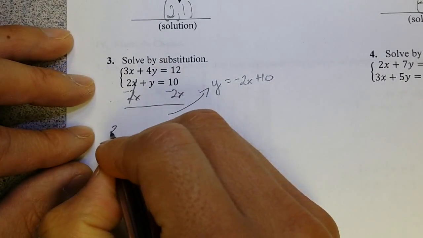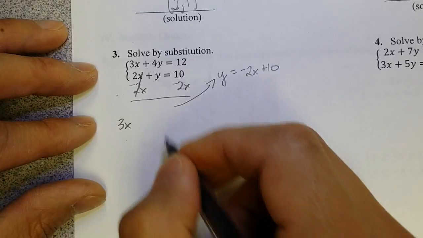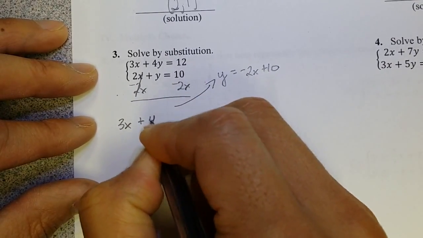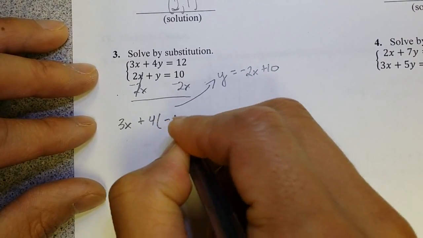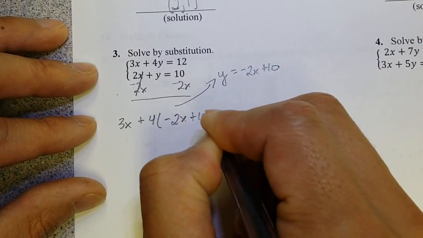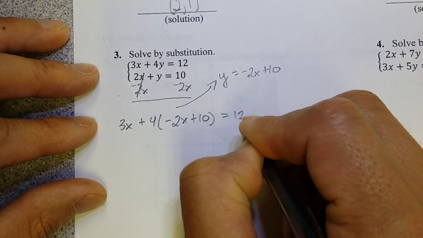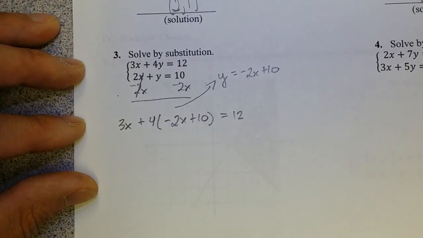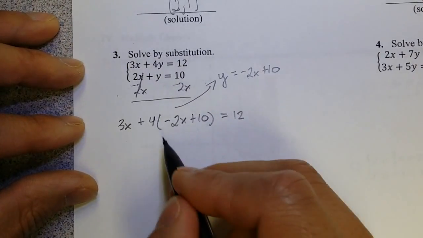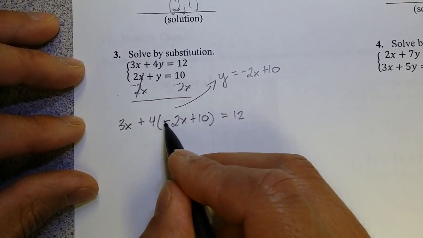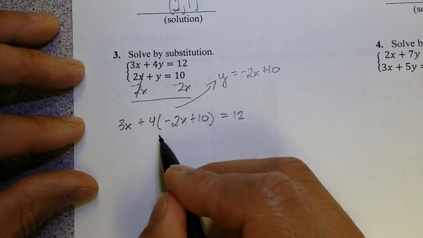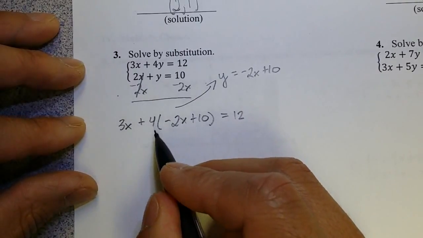So here's 3x plus 4 times y. Well, we know what y is: negative 2x plus 10. And it's equal to 12. Now I just simplify. Well, how do I simplify? First step is removing the parentheses. Remember, distributive property.